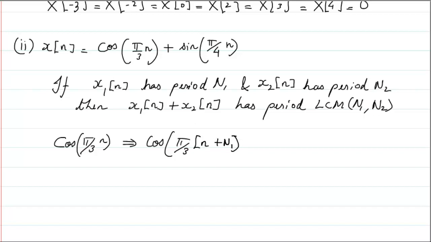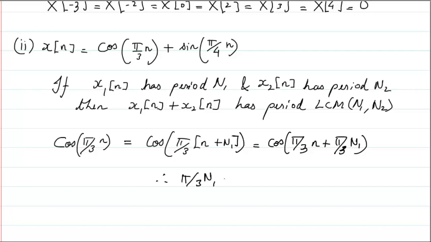Okay, will have a periodicity when this becomes equal. If this is equal to this, which can be written as cos of pi by 3n plus pi by 3 n1. Therefore, according to periodicity, pi by 3 n1 should be equal to 2 pi. Therefore, n1 is equal to 6.